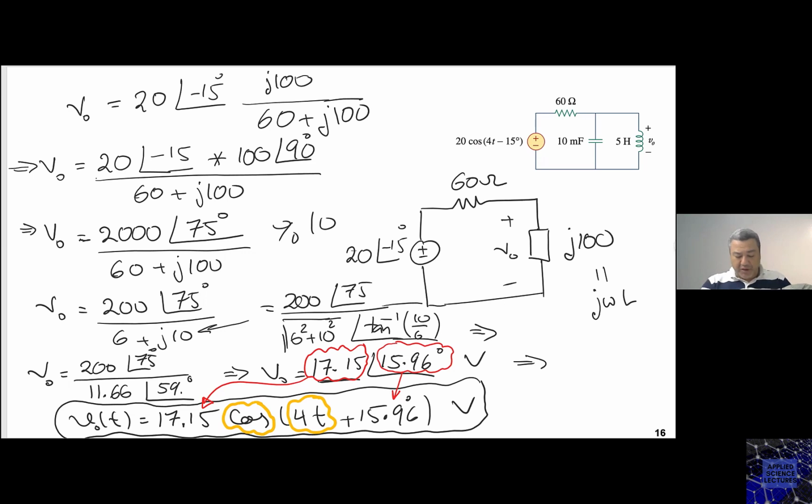I just need to put the magnitude in front of the sinusoidal function and update my phase angle. That's it.